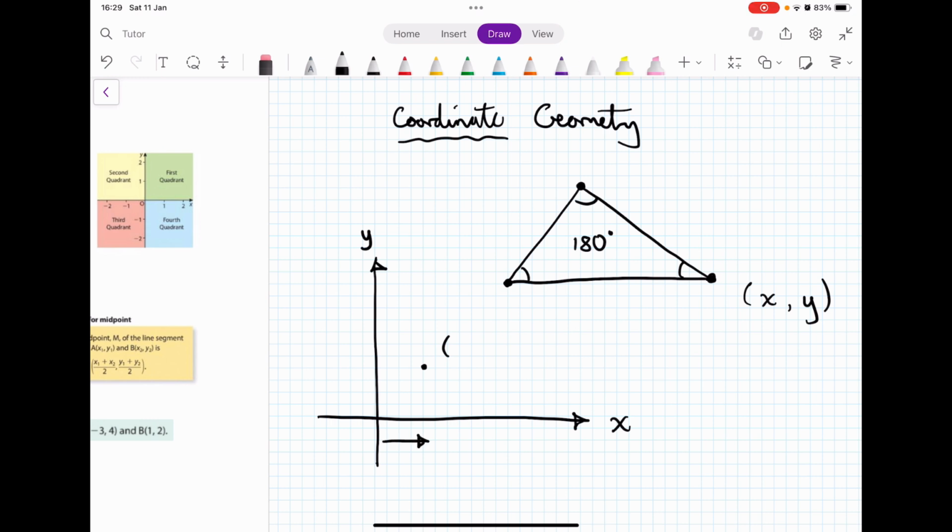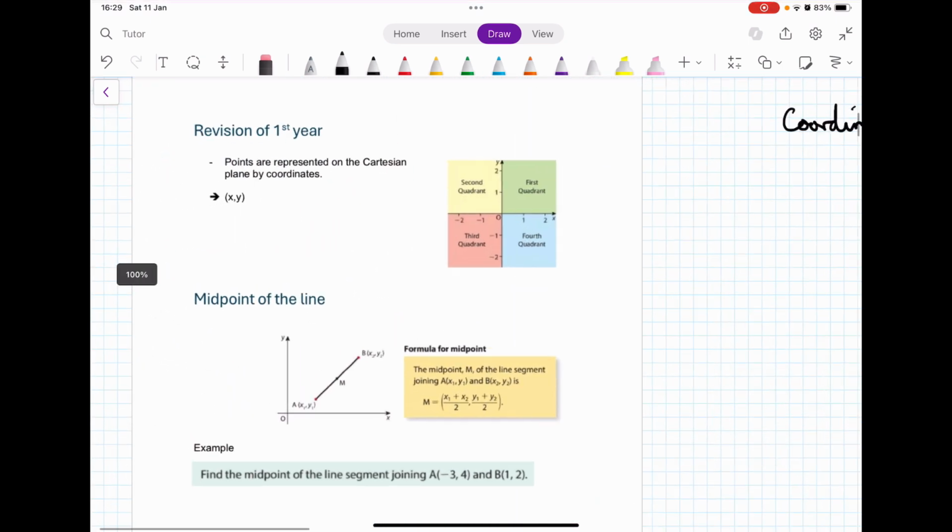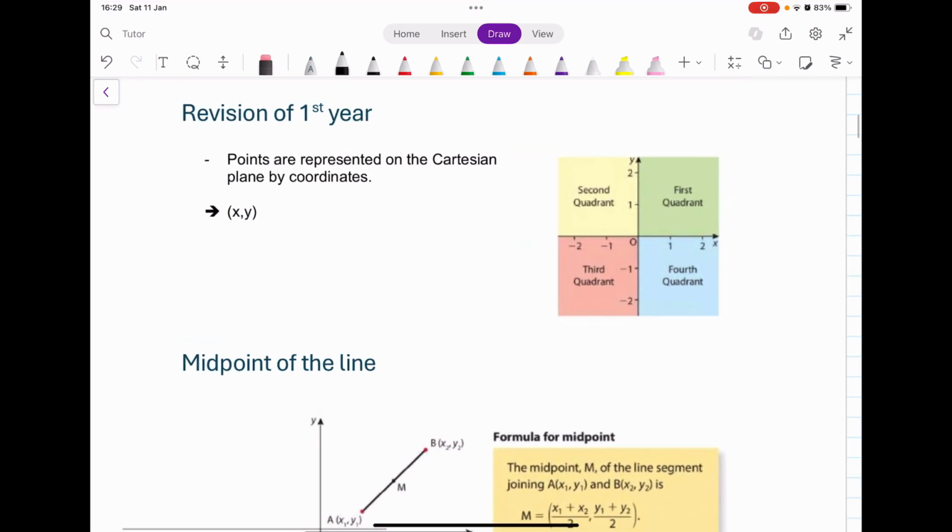So for example, you can go across by 1, and how much you go up by. So maybe you go up by 2. So this point, P, will be represented by (1, 2). And so points are represented on the Cartesian plane by coordinates. And these coordinates will have an x-coordinate and a y-coordinate.